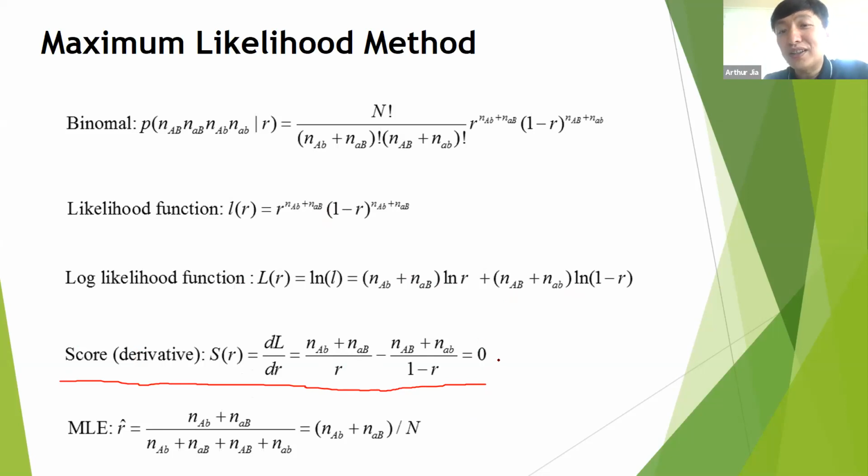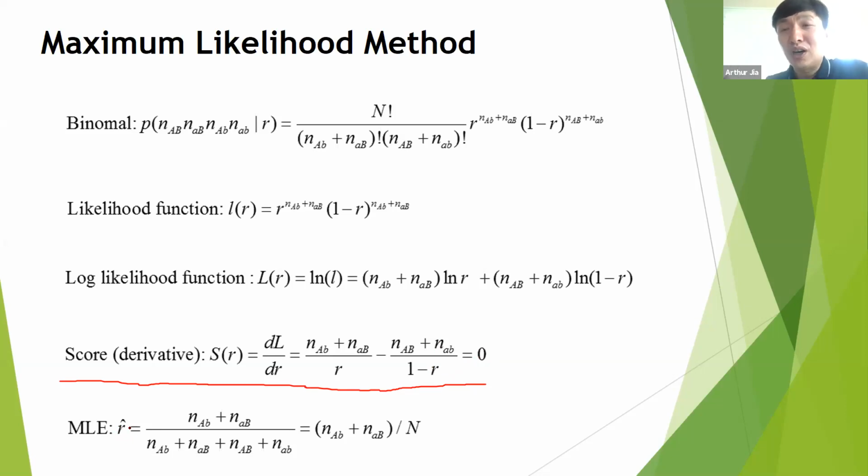Because we want to find the value for P or the value for R that gives us the slope equal to 0 along that curve, right? Yeah, and then if you do this, you can easily get the MLE, the estimated value for R. That's why we put a little hat on R. So maybe this is not the true value. Only God knows this true value.